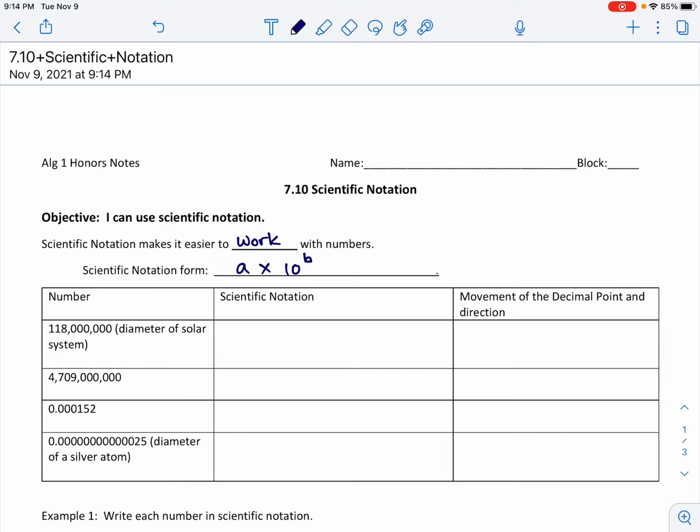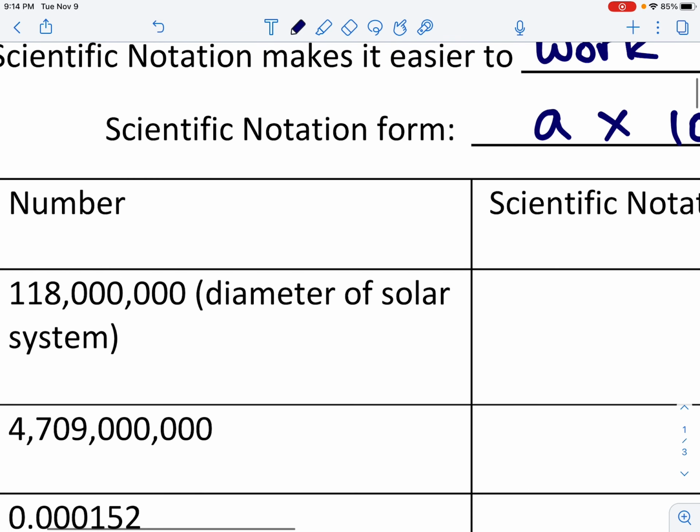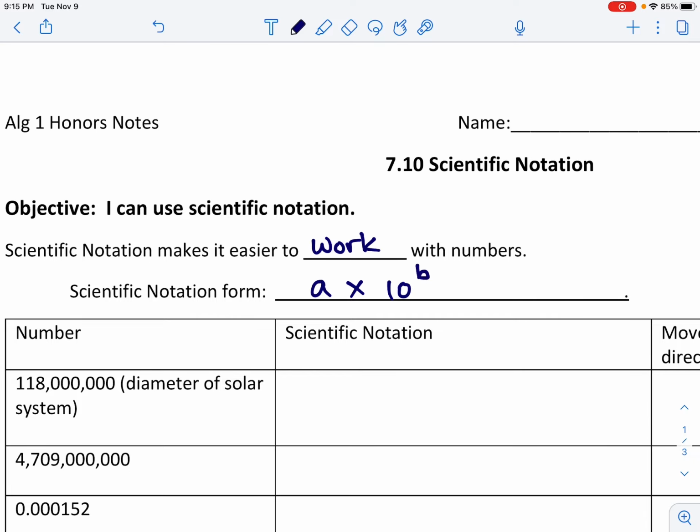So for example, if we look at the diameter of the solar system, that's a pretty large number. And so to write that out all the time, it gets kind of monotonous. So what we're going to do is we're going to use scientific notation to represent that number.